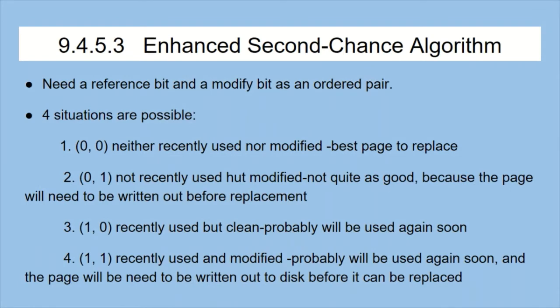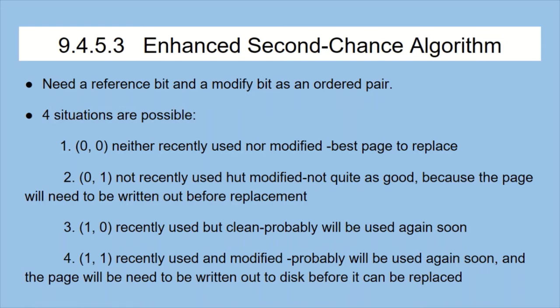So enhanced second chance algorithm needs a reference bit and a modified bit as an ordered pair. Therefore, four situations are possible. First, 00: neither recently used nor modified, best page to replace. 01: not recently used, not modified, not quite as good because the page will need to be written out before replacement.